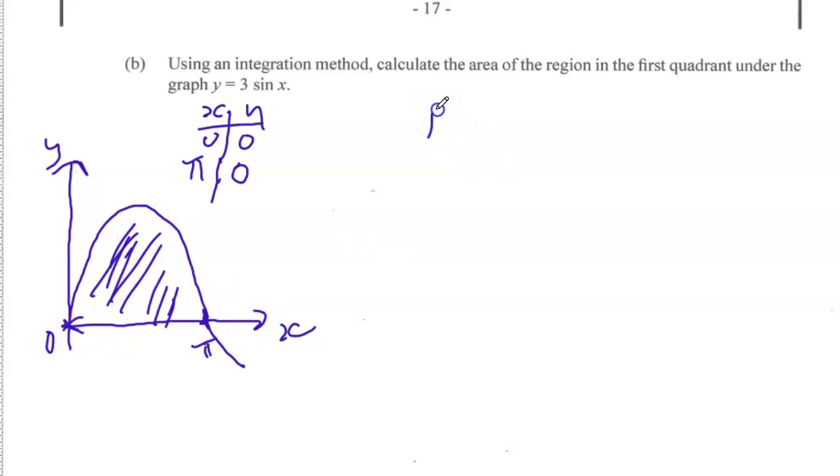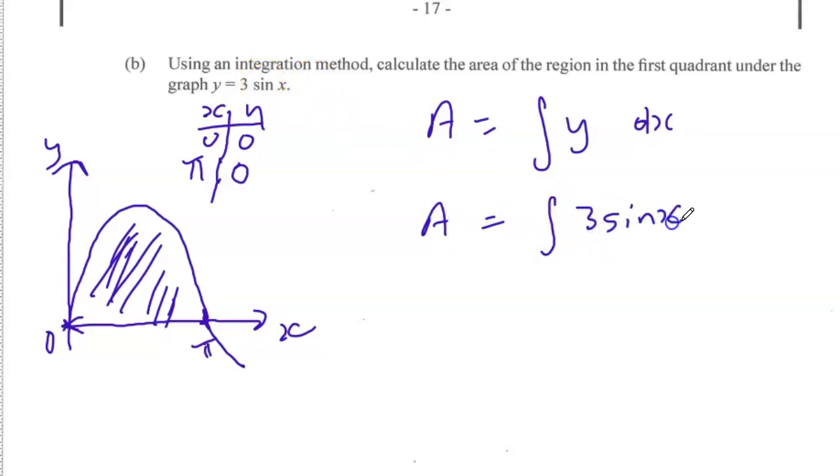So we're going to integrate. The area under the graph will be the integral of y dx. So the area is the integral of y, and y is 3 sin x, using the limits 0 and pi.